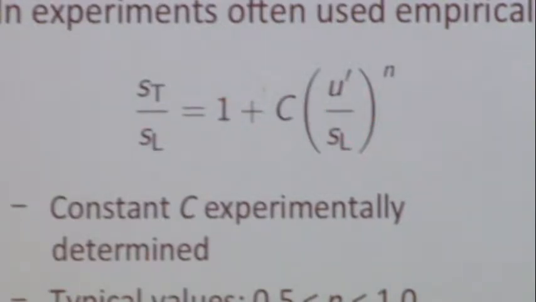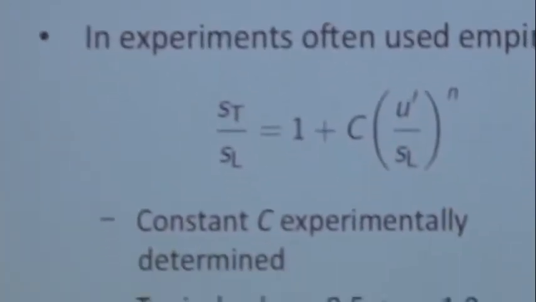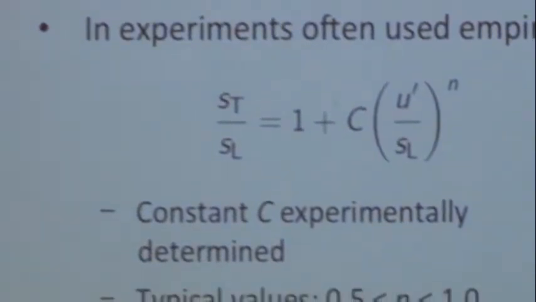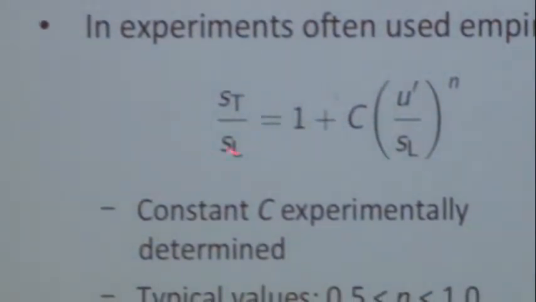This 1, by the way, we always add if there's no turbulence. In the limit with no turbulence, u prime is 0, and then ST should be equal to SL. So that's why we just add this 1 at the end, to satisfy that limit.